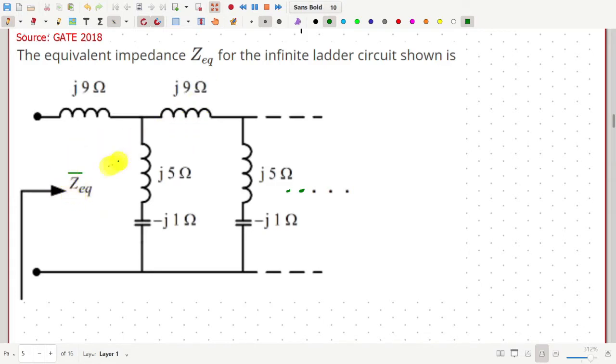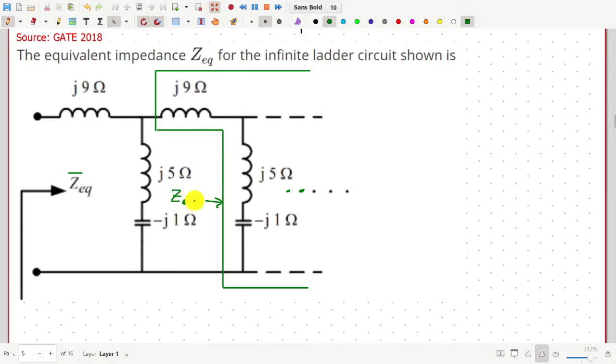Now notice that considering this part of the circuit, from here onwards up to the extreme right side, the impedance is also ZEQ bar as seen from the left side.